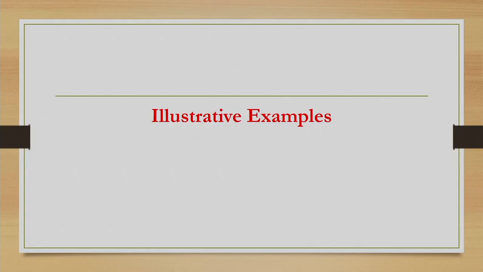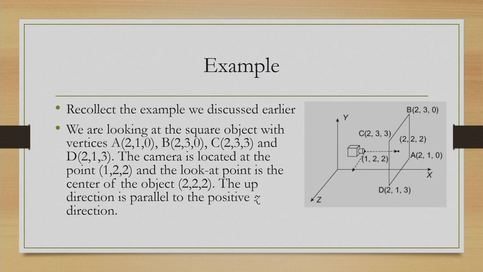Now, let us try to understand the concepts that we have gone through so far in terms of a few illustrative examples. So, in our earlier lecture we came across this example where we mentioned one object shown here and a camera position, view direction, everything has been mentioned, and we computed the transformed center point of the object in the view coordinate system.